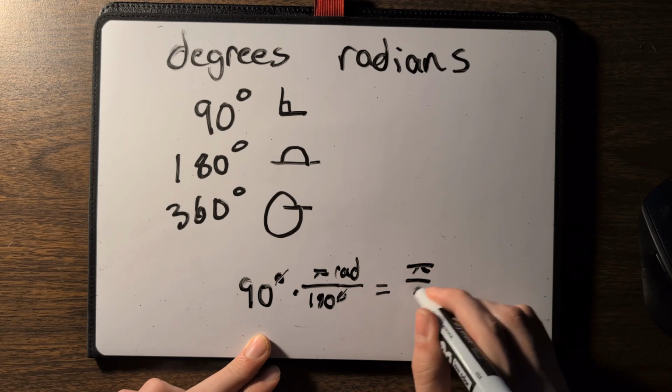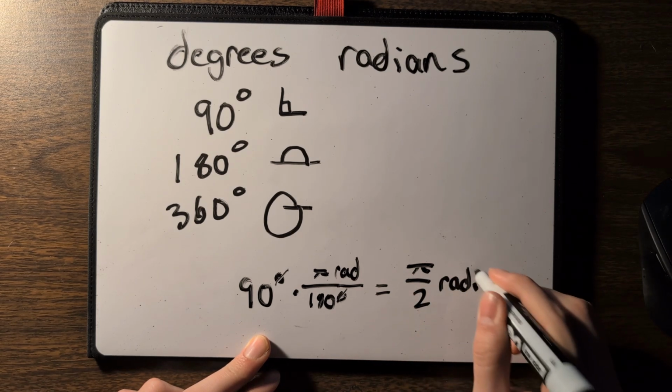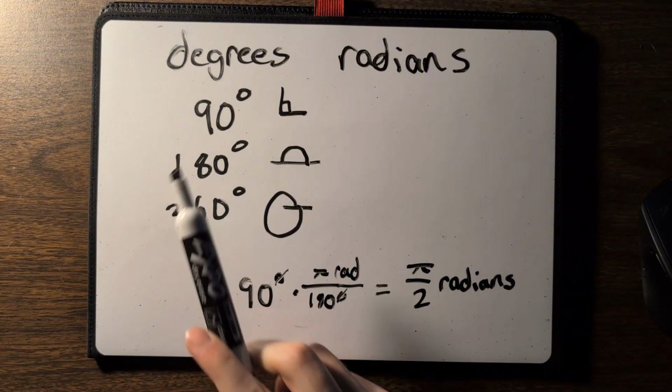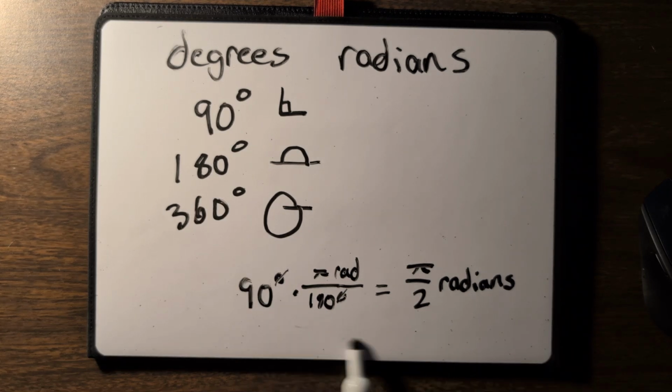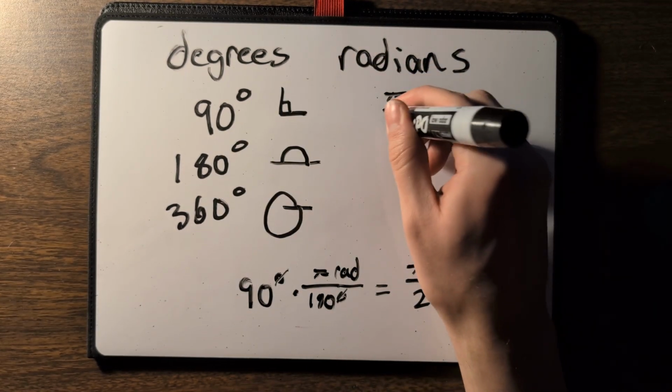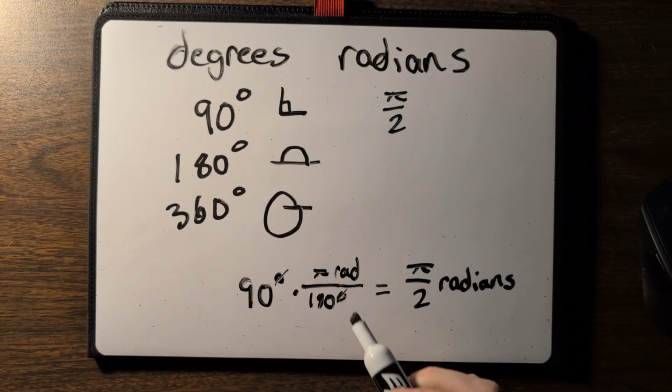We're left with pi over 2 radians. Now, radians are dimensionless. It's just an angle. They're very useful because they are dimensionless. So you can do this for any degree and convert it into radians. 90 degrees is going to be pi over 2 radians.